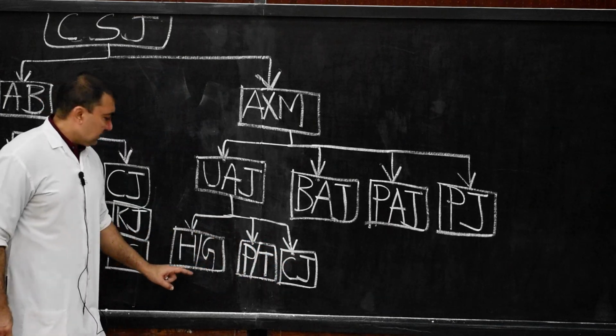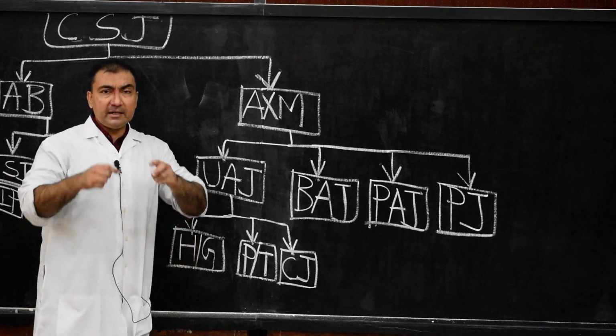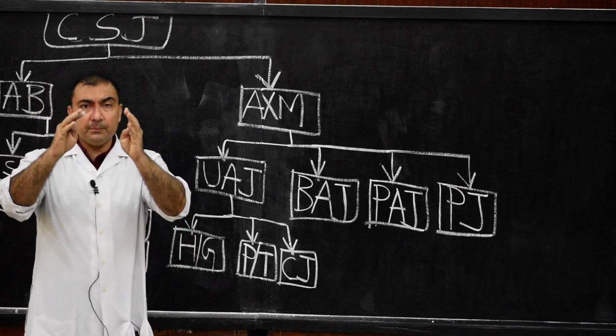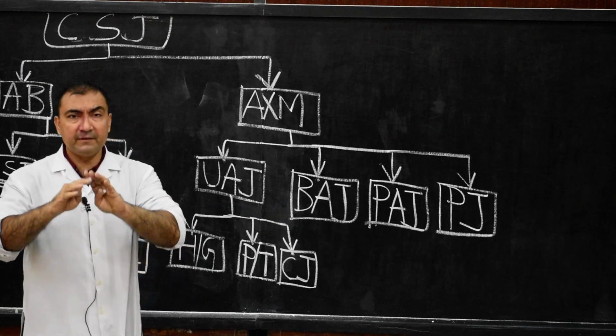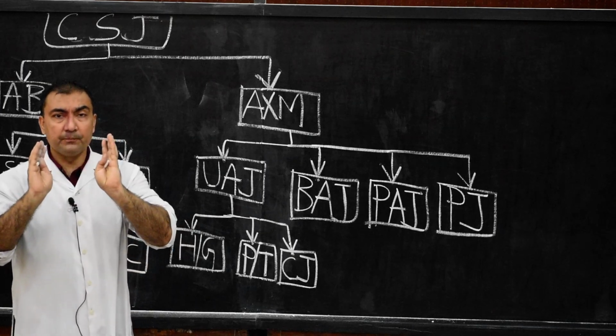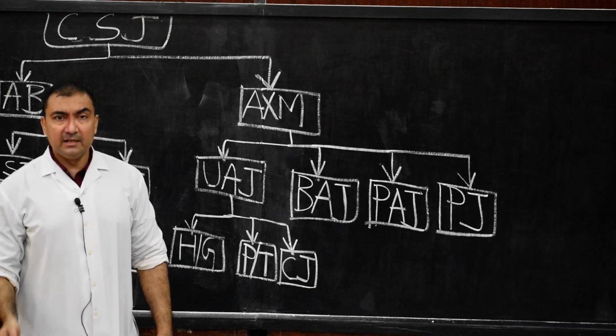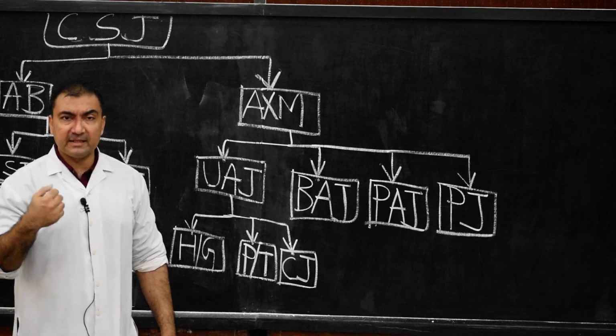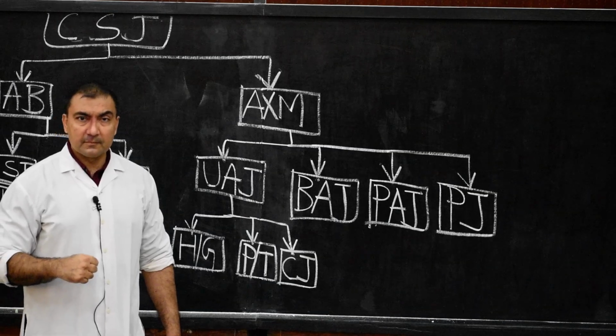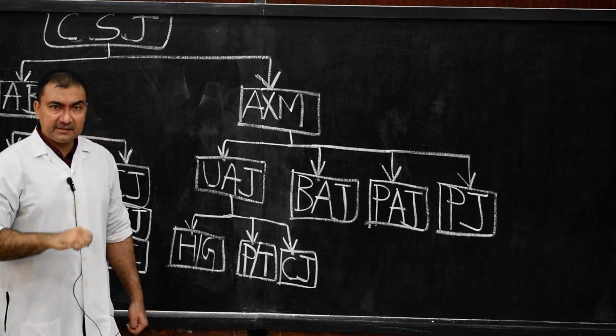Now hinge variety. As I told you, the articulating surface of the upper bone is convex and the lower is reciprocally concave. It will move around the transverse axis only, so there will be flexion and extension. Only movements are flexion and extension.